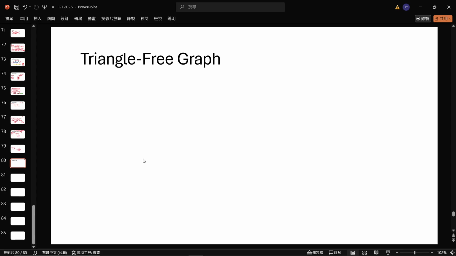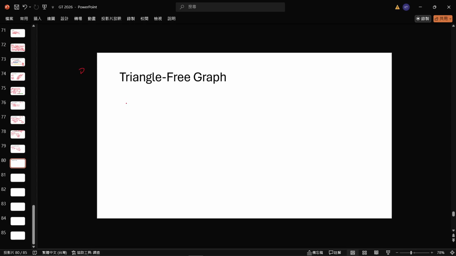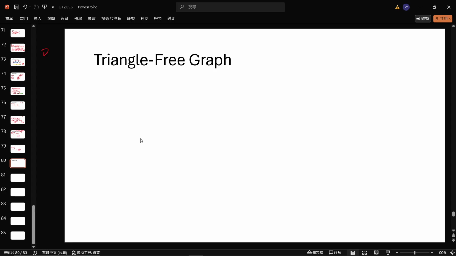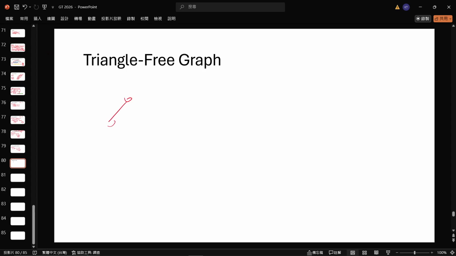So the next topic we're going to talk about is related to triangle-free graphs. Okay, so what is a triangle-free graph? First of all, what's a triangle? Well, a triangle is like this. This is nothing but a cycle of length 3.